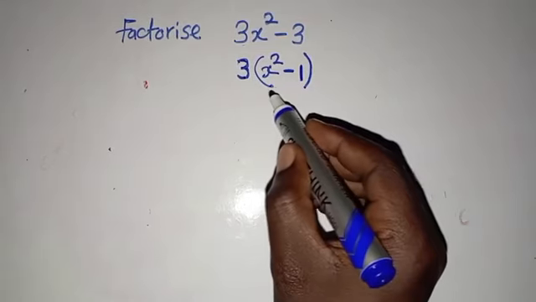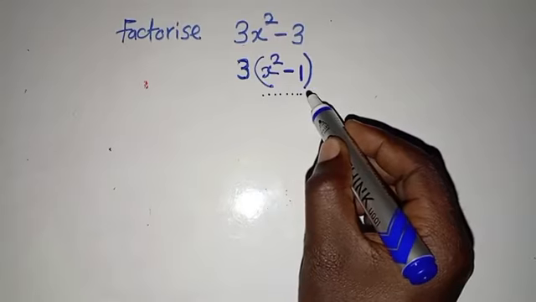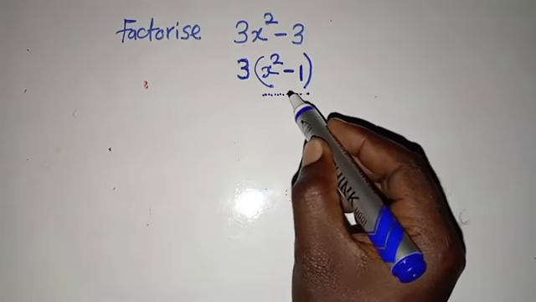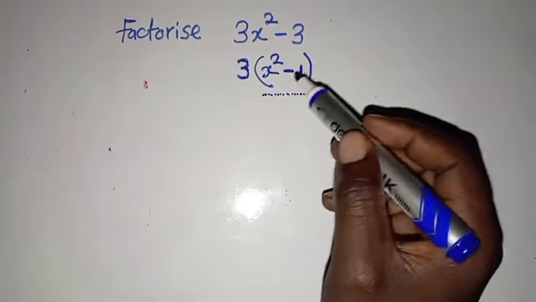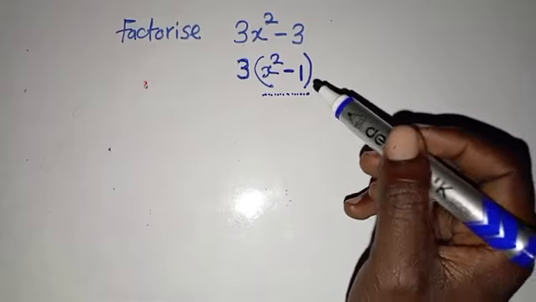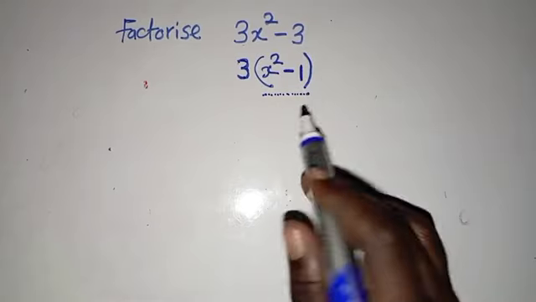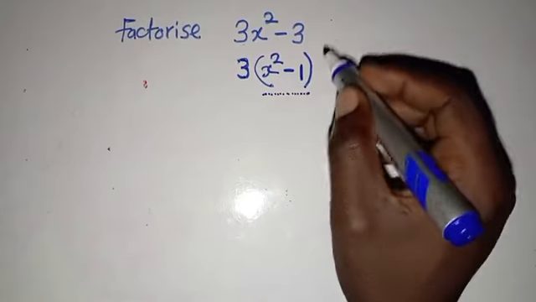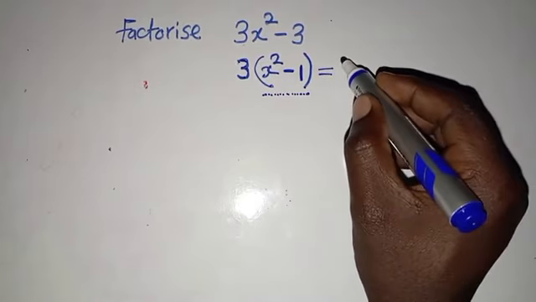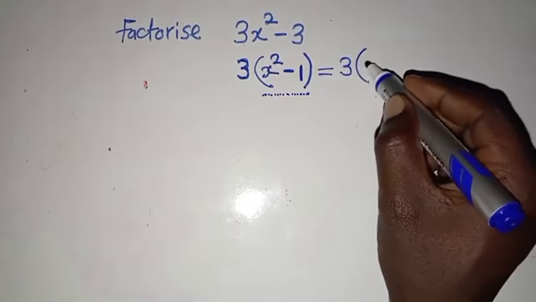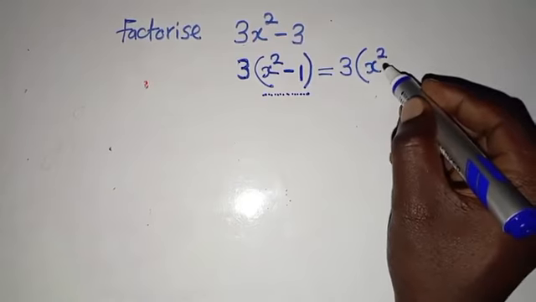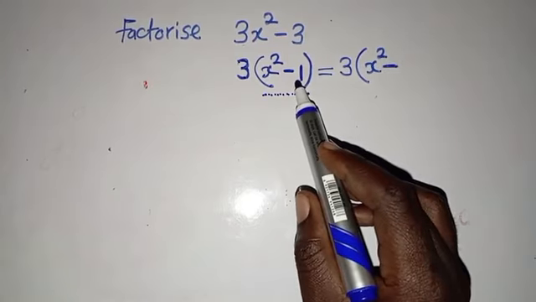From there, what is in the brackets can be factorized further. This is what we call difference of two squares. How do you deal with that? This is the same as x squared minus 1.